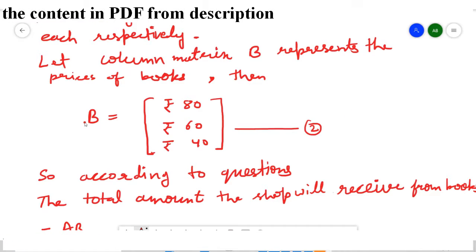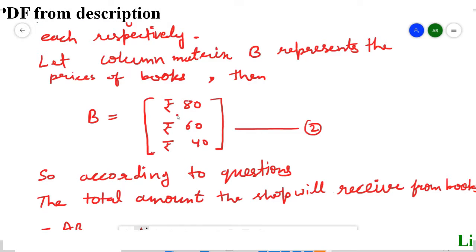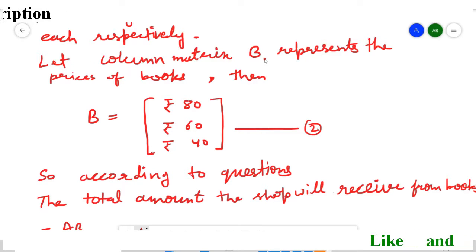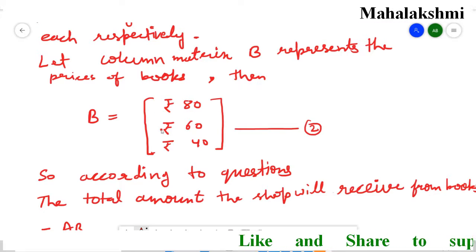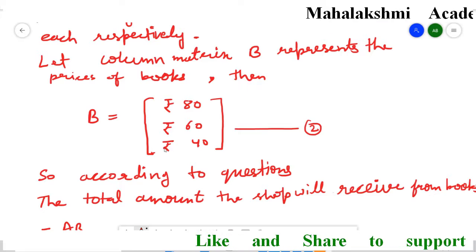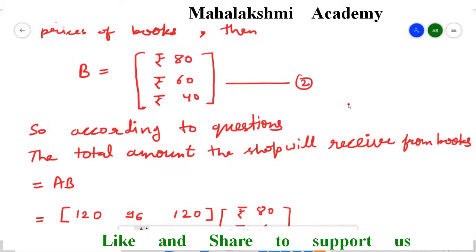So B is a column matrix, and it represents the price of books. So first the chemistry price, then the physics price and then the economics price, in order. Just write it down, don't change the order.